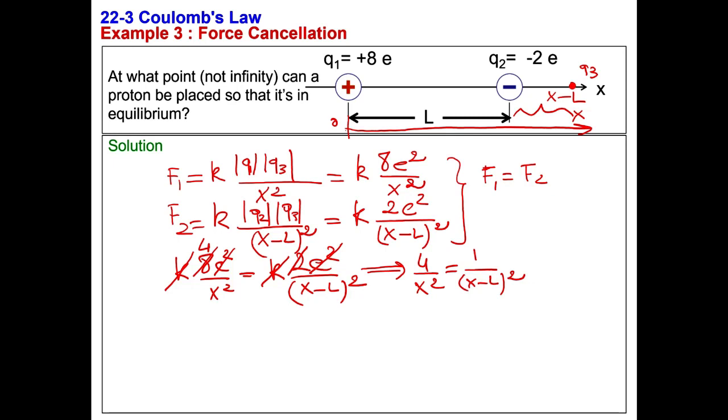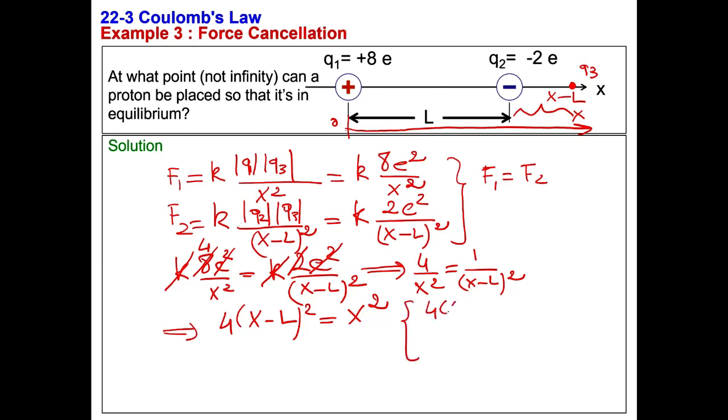Okay, let's invert this. Well, we can just multiply. 4 times X minus L squared is equal to X squared. This is the equation that we have to solve. So this has two solutions.